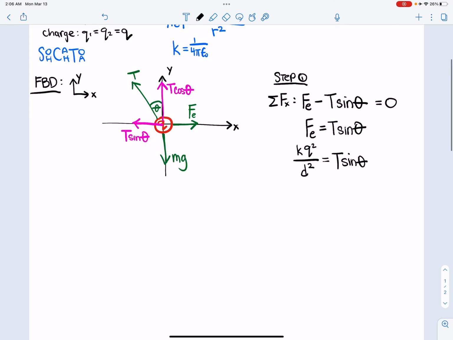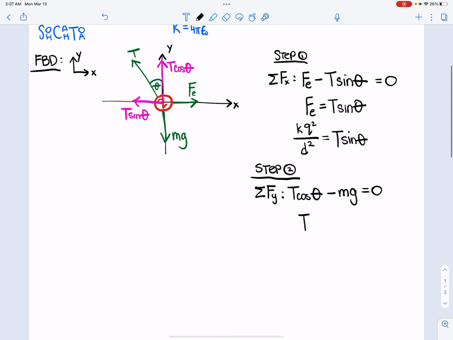And step 2, I'm going to write the summation of my forces along y, the y component of forces. So Fy, what's positive is the y component of my tension, so T cosine theta, minus, since the weight is pointing towards negative y, mg equals 0.